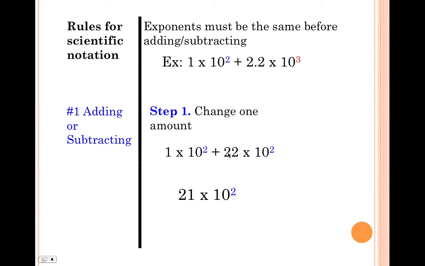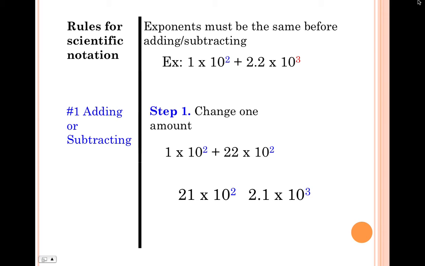Now we can go ahead and add these, which is 1 plus 22. Oops, and I believe I accidentally subtracted them. So it should be 23. 23 times 10 to the 2. Now we do also need to rewrite that into correct scientific notation, which would be 2.3 times 10 to the 3.